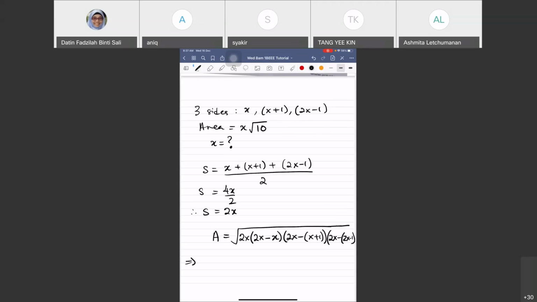Okay, area is given as x square root of 10. So what you need to do is simplify the expression inside. So 2x minus x is just 1x, and then 2x minus x plus 1, so you still have x minus 1 here, and then you have your positive 1, isn't it?